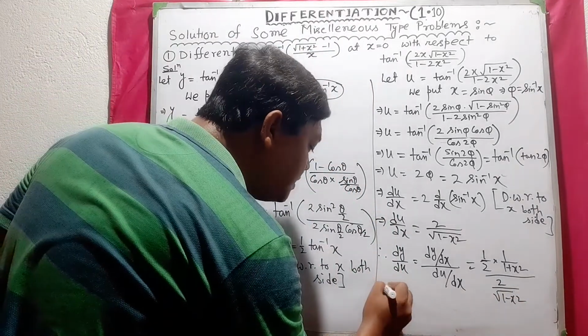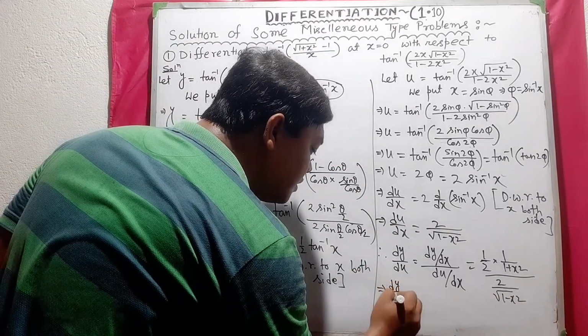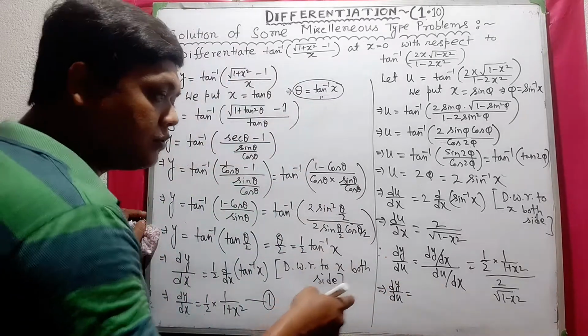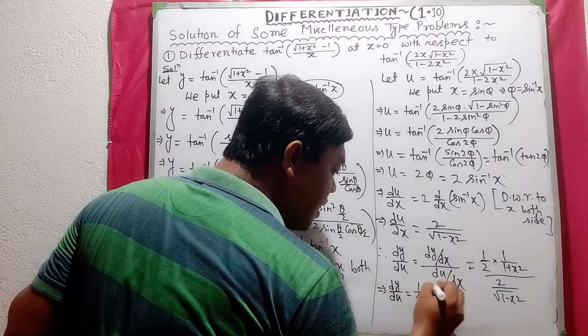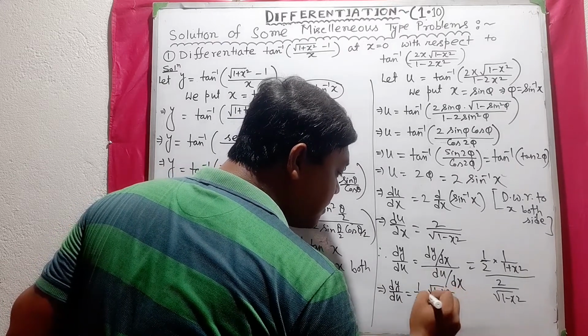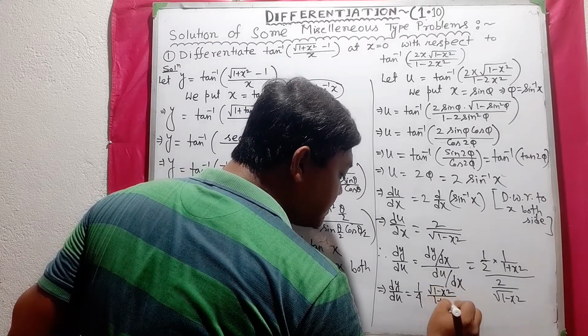So dy/du equals 1 by 4 square root of 1 minus x square by 1 plus x square.